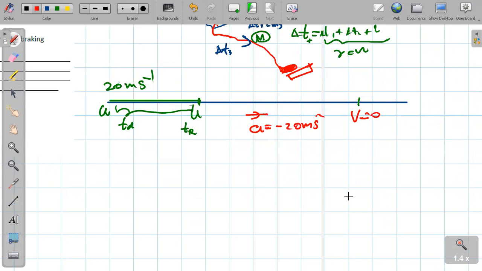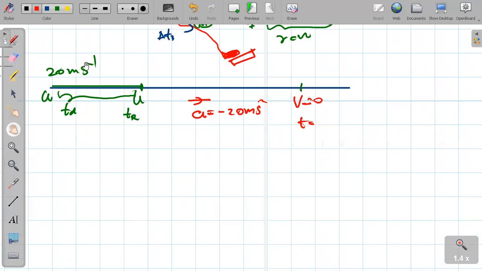And the time, I have no idea. It is a question mark. Don't know what time it may take. t equals question mark, as well as the braking distance, we don't have any clue for this one.